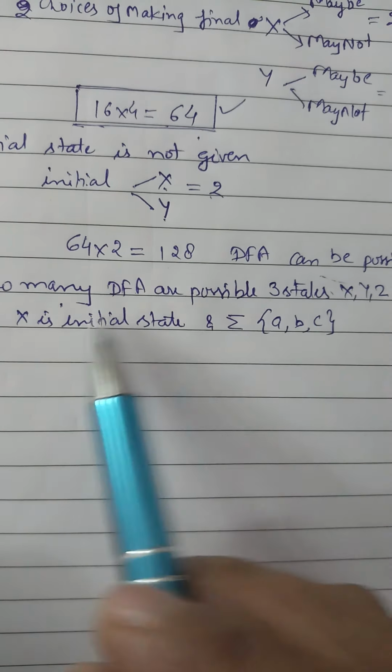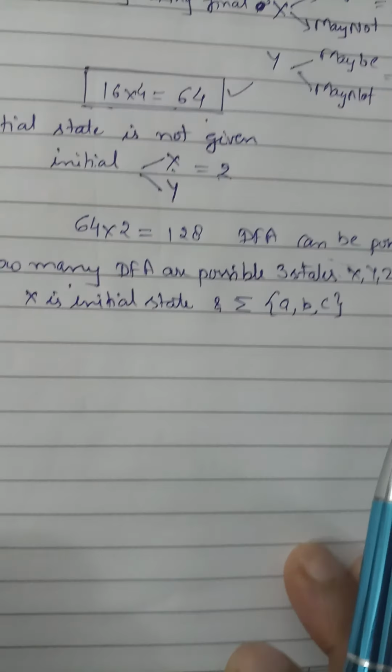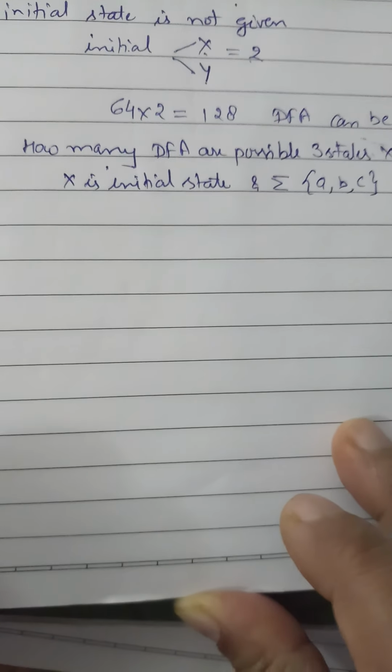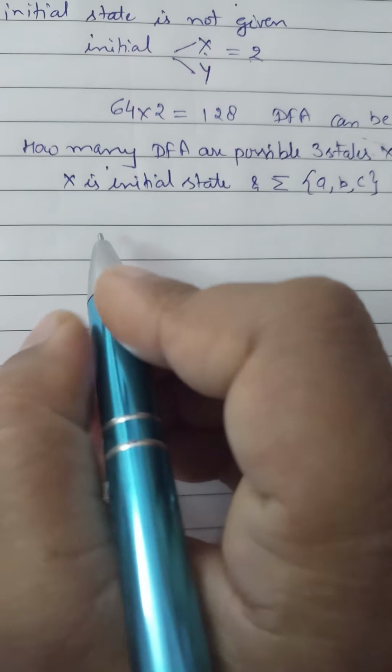We have three states x, y and z, and x is the initial state, and we have alphabet A, B and C. So how many choices do we have?